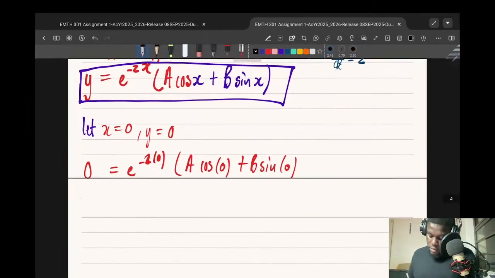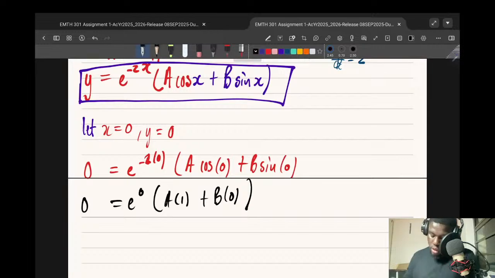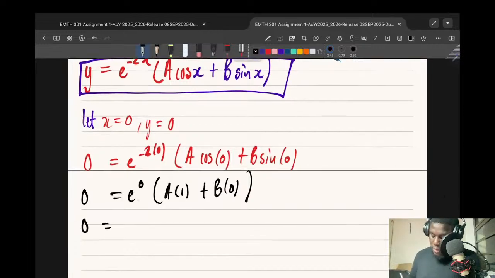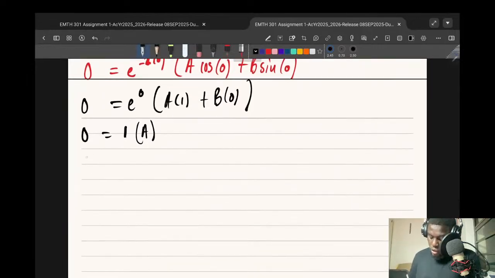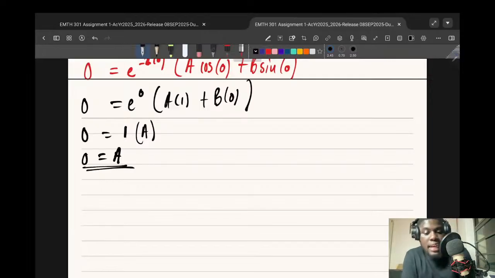Any number to the power of 0 is 1, so e to the power of 0 is 1, and cos of 0 is 1, so it's a by 1, plus b sine of 0 is 0, so it's b by 0. So a times 1 is a, so you can say 0 is equal to a. We got our first thing. Our a is going to be 0.